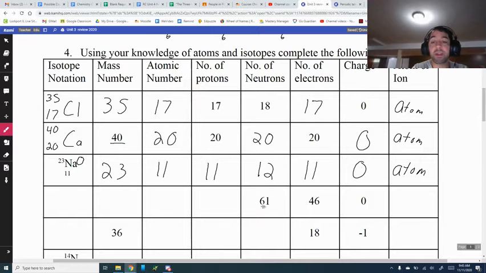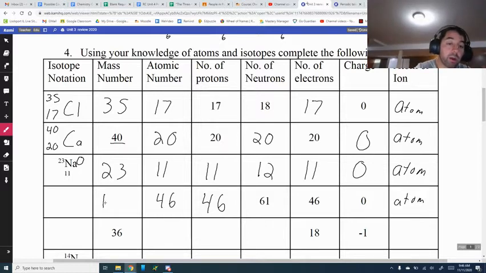Next, we have neutrons and electrons and a charge of 0. Now, since the charge is 0, that means our protons are the same as electrons. And that also means it's an atom. Our atomic number is going to be the same as our protons, 46. And our mass number is going to be 46 plus 61.